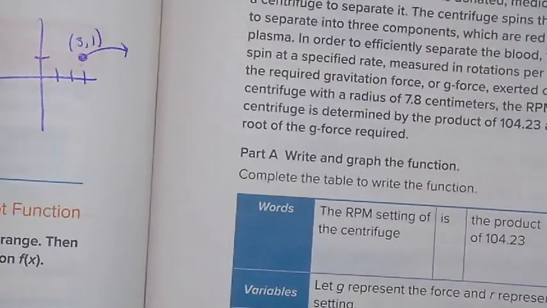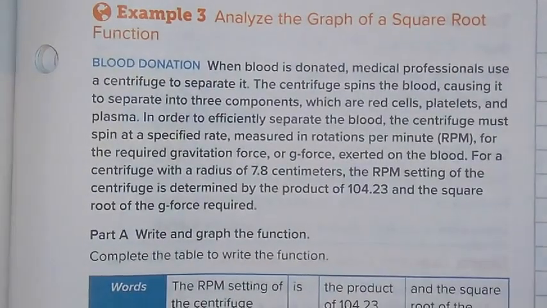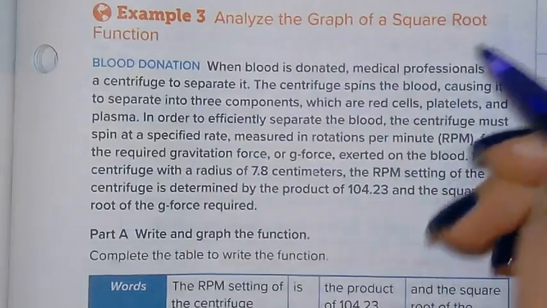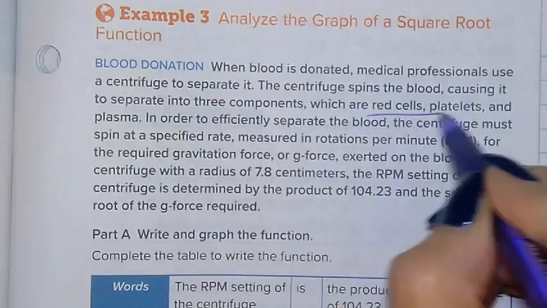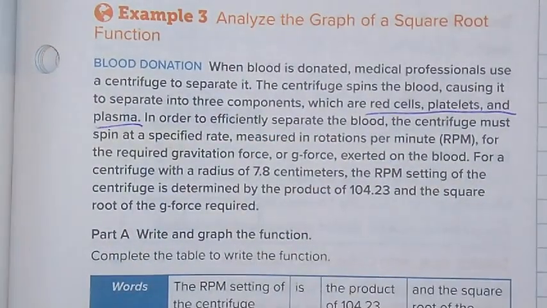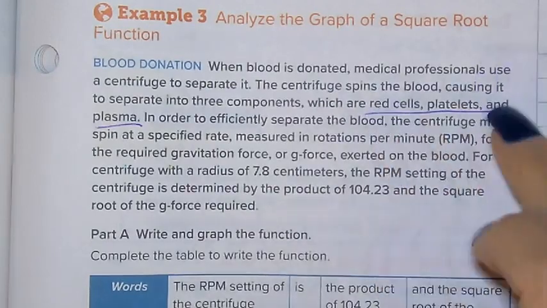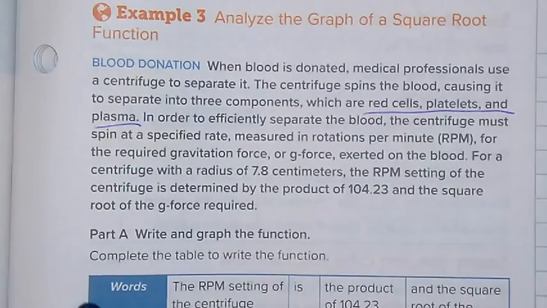Analyze the square root. So if you donate blood, they use a centrifuge afterwards to separate the red cells, the platelets, and the plasma. And they could donate those. People use those different things, not all your cells as they are.